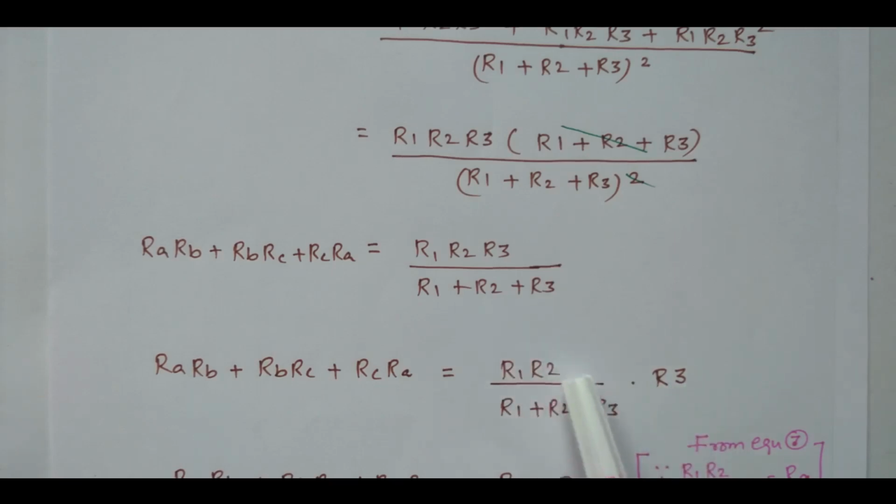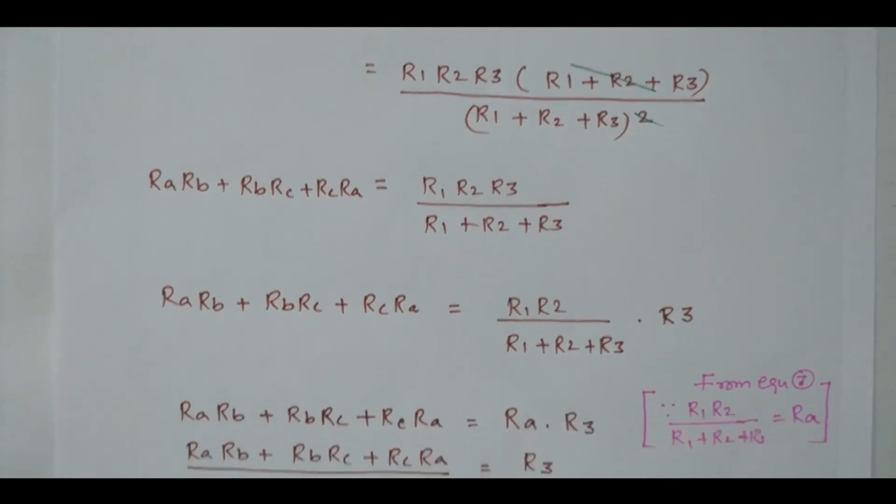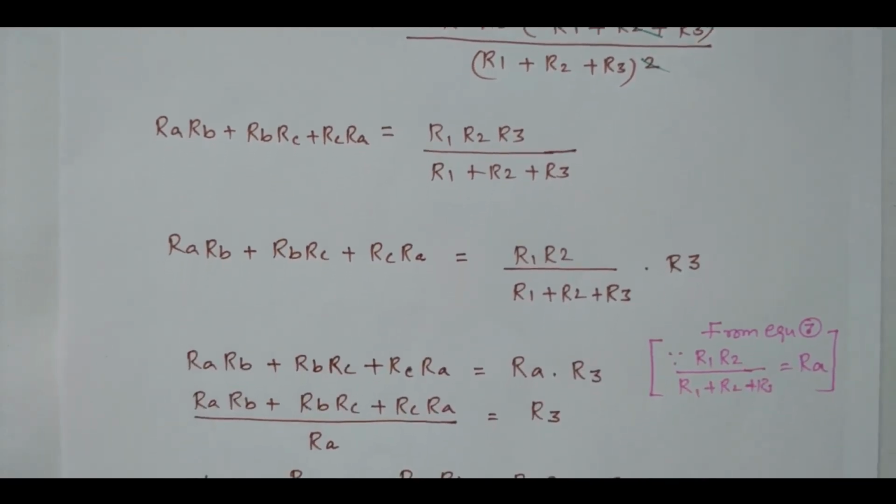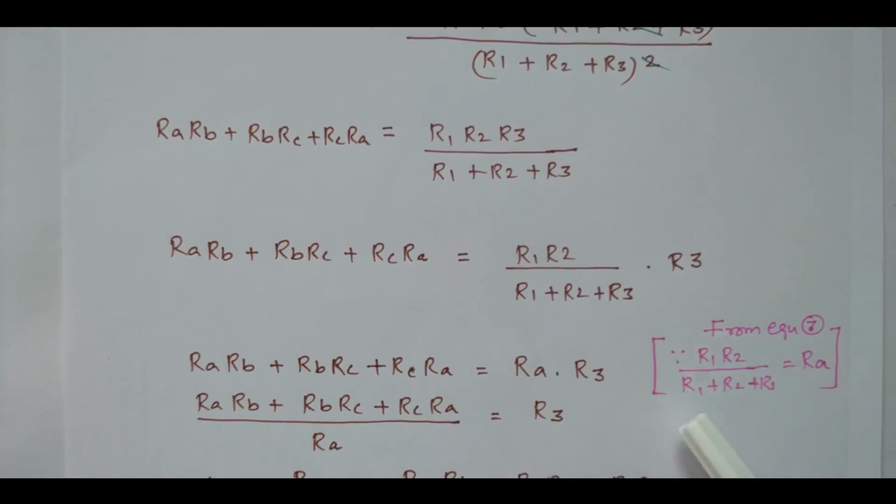What is this R1, R2 divided by R1 plus R2 plus R3? From equation 7, it is nothing but RA. You can refer to equation 7. So this term can be replaced as RA.